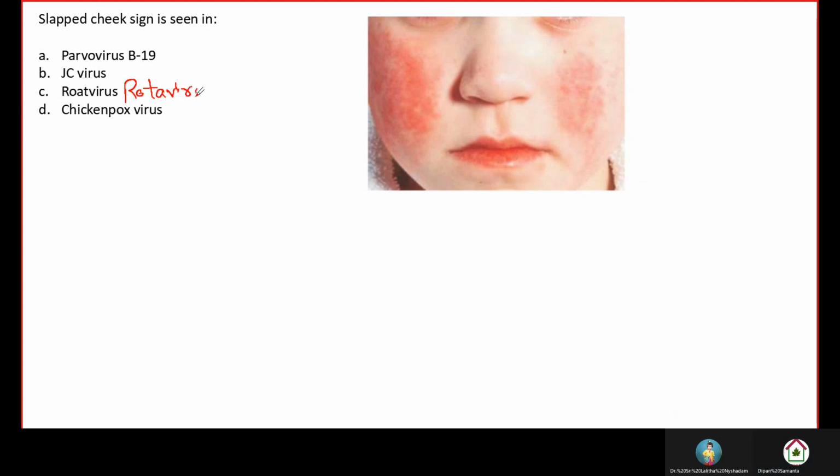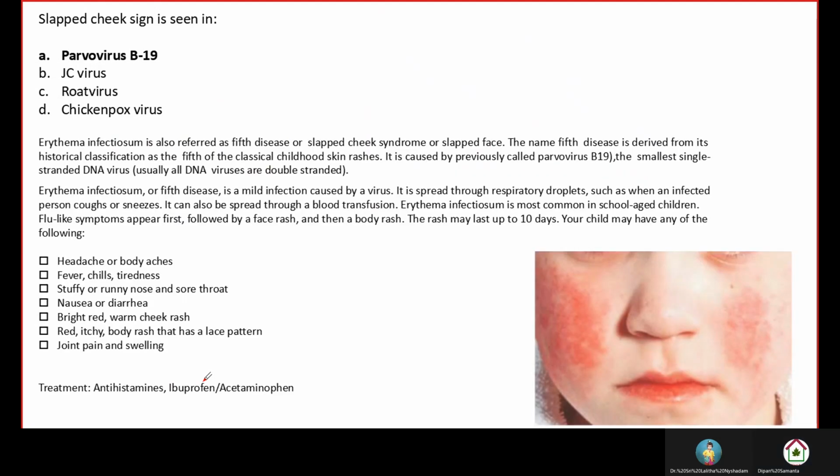So the answer will be, as we have just studied, parvovirus B19 and erythema infectiosum. So fifth disease, right? For IBQ, image based question, this picture is very important.